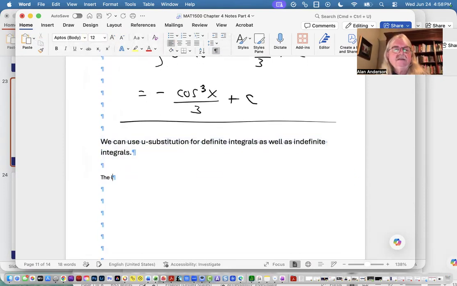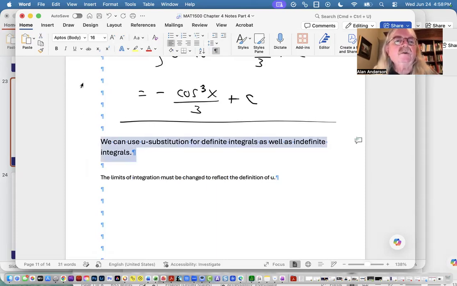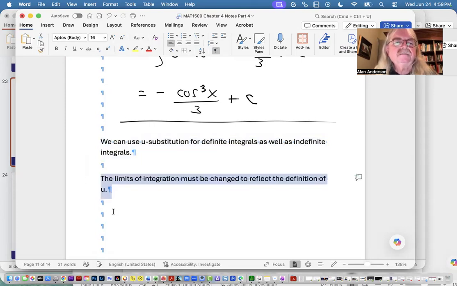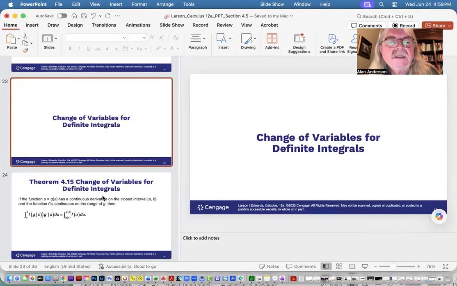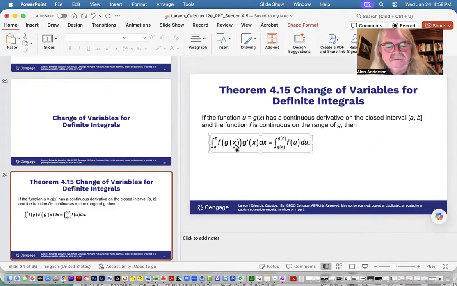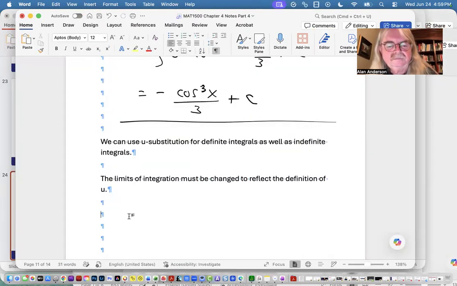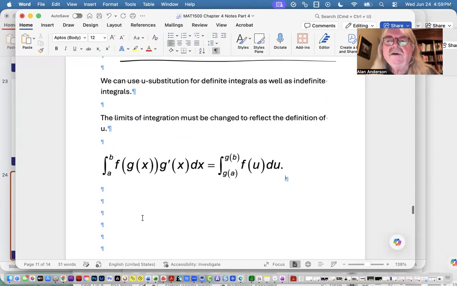The limits of integration must be changed to reflect the definition of u. All right, so we'll see what that means in a second. And here's the formal way of writing that. Now, again, it's going to be hard to visualize what this means until you actually do it once or twice.